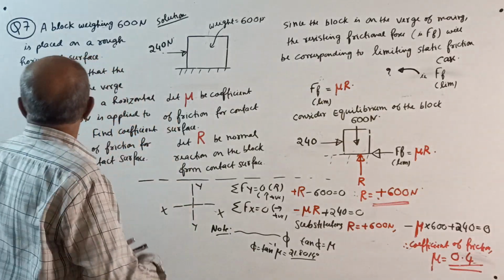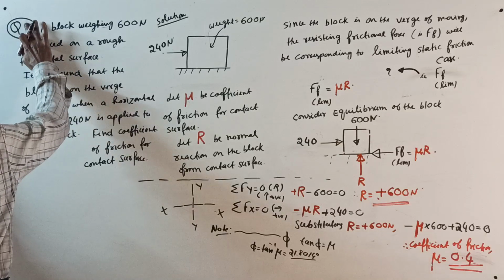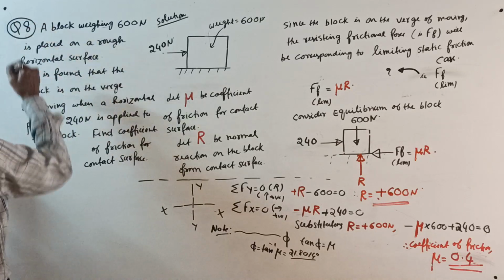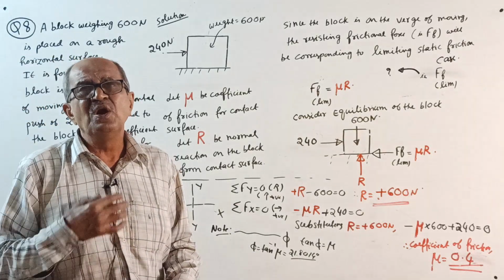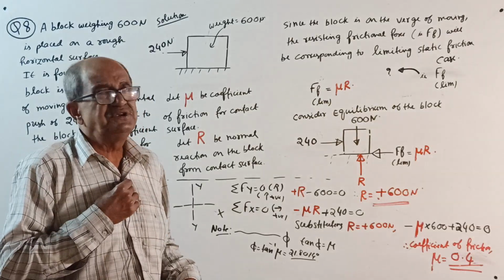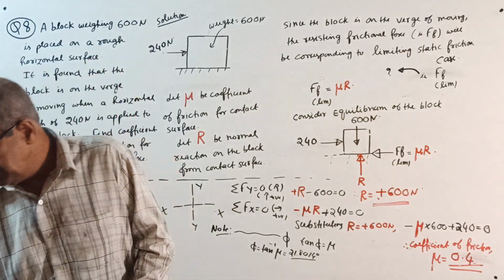Okay, now I will go for question 8. As usual, these are all very simple questions. Therefore, I need not write in front of you. Simple questions, so I will write and explain.